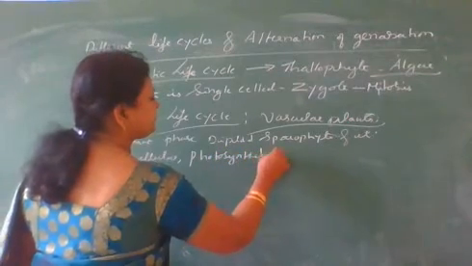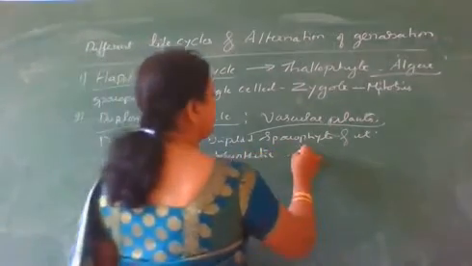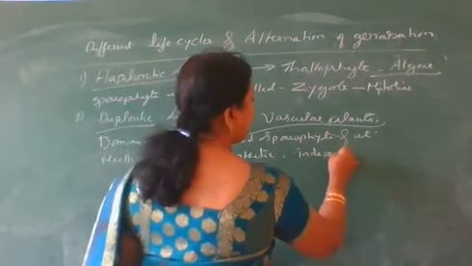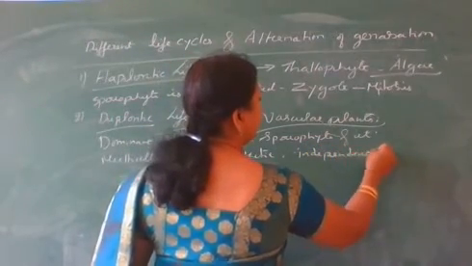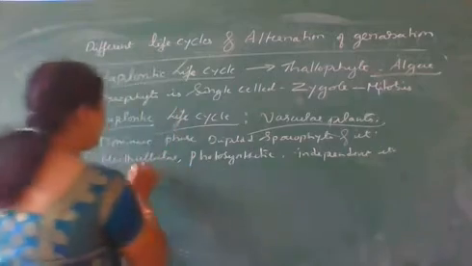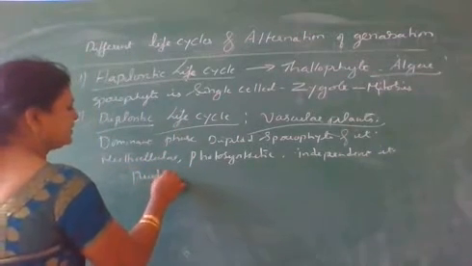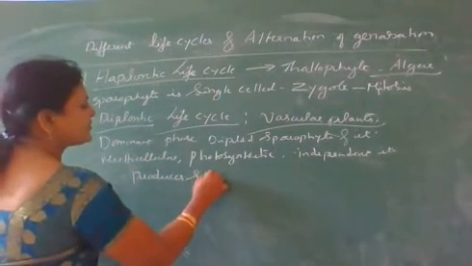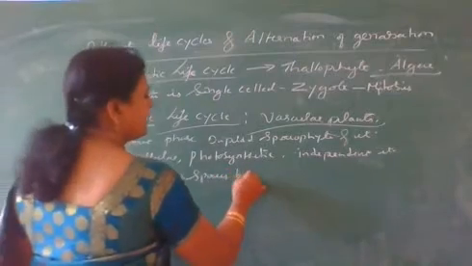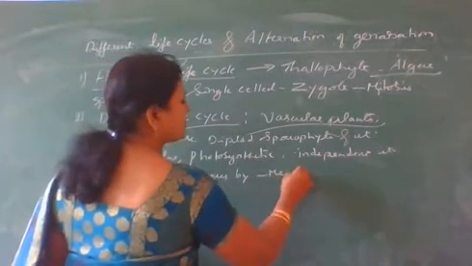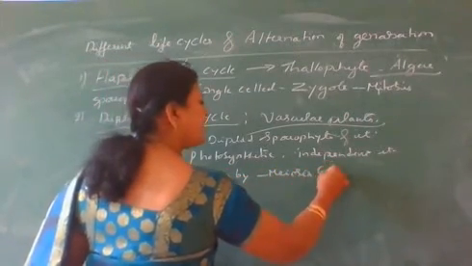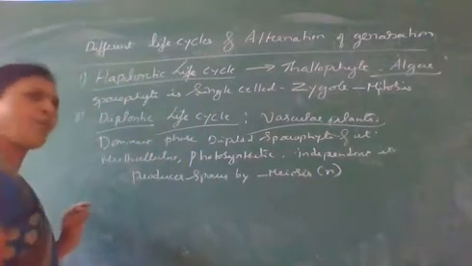photosynthetic and independent. It produces spores by means of meiosis. That means which becomes what? Haploid.